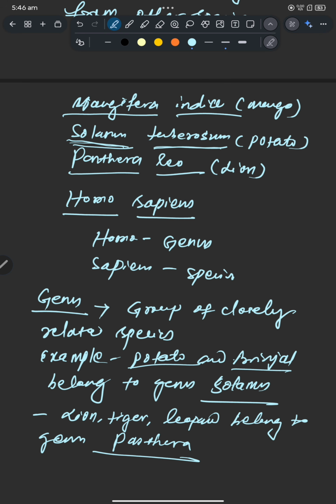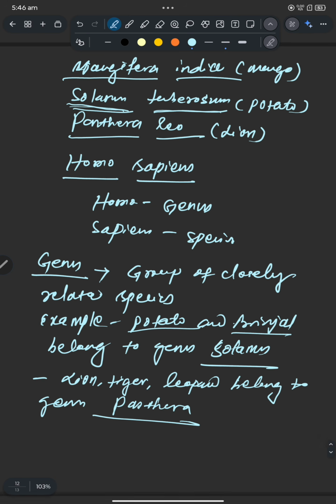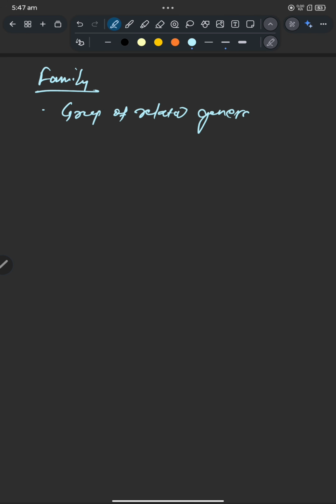Okay, now next come to the family. Next hierarchy or the next rank is family. So family is a group of related genera. Okay, for example, Solanum, Petunia, Datura.